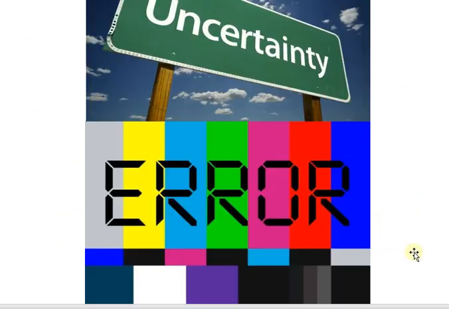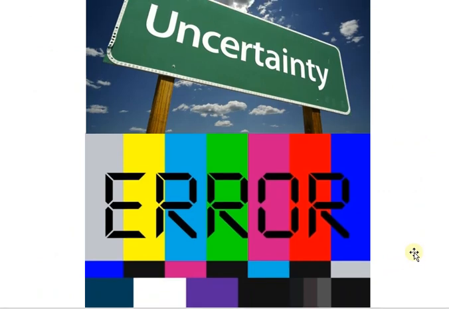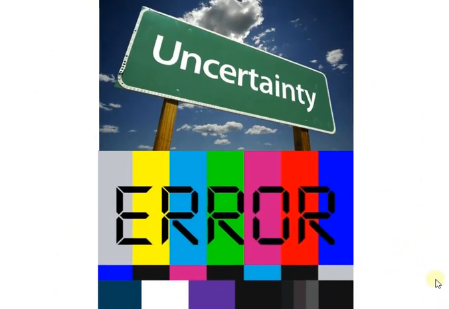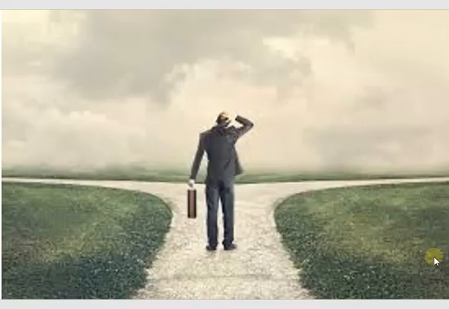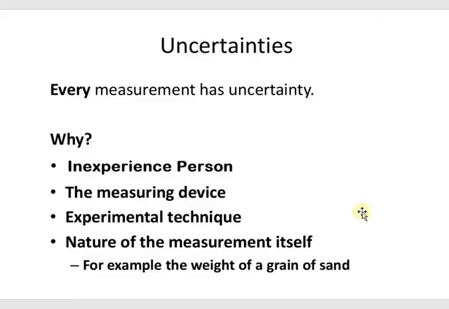Now, error and uncertainty. This is uncertainty, that you are uncertain which way you can go. What is meant by uncertainties?